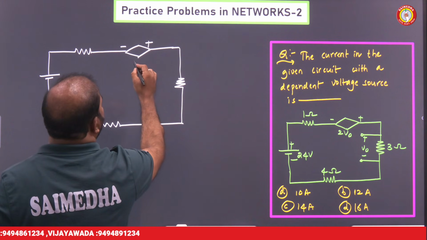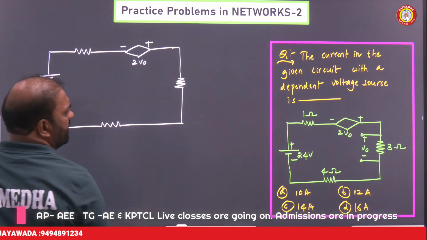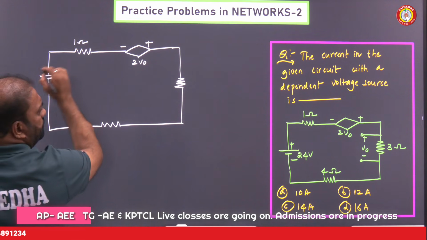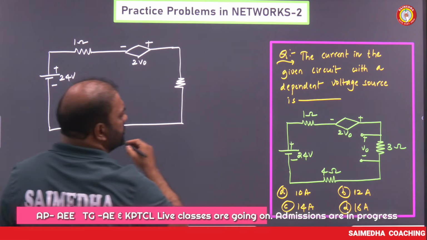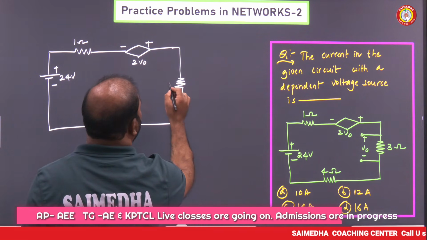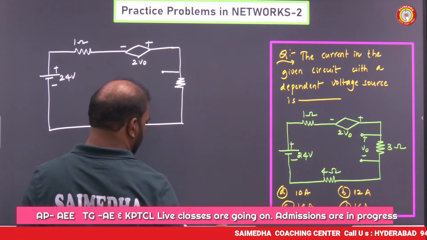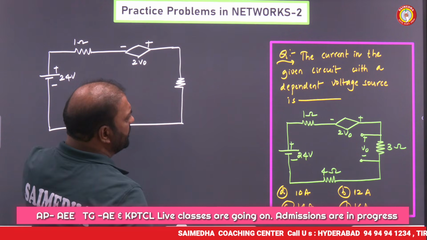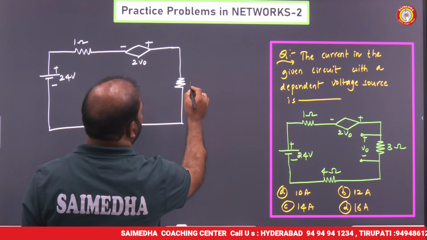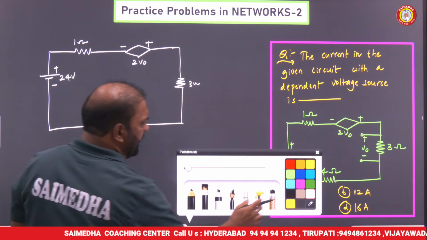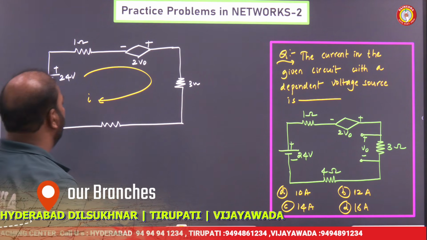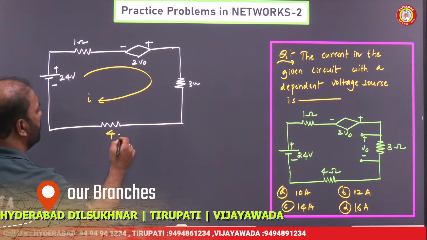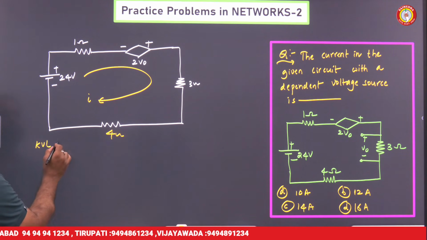The voltage of this dependent source is 2V0, then 1 ohm, and this is 24 volts, and this is 3 ohms. Assume the current flowing through this circuit is I, and this is a 4 ohm resistor. Apply KVL to the loop.